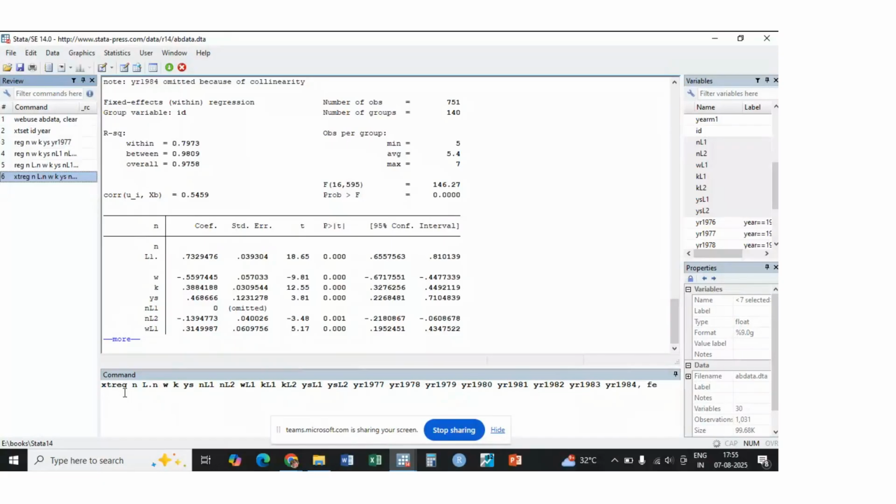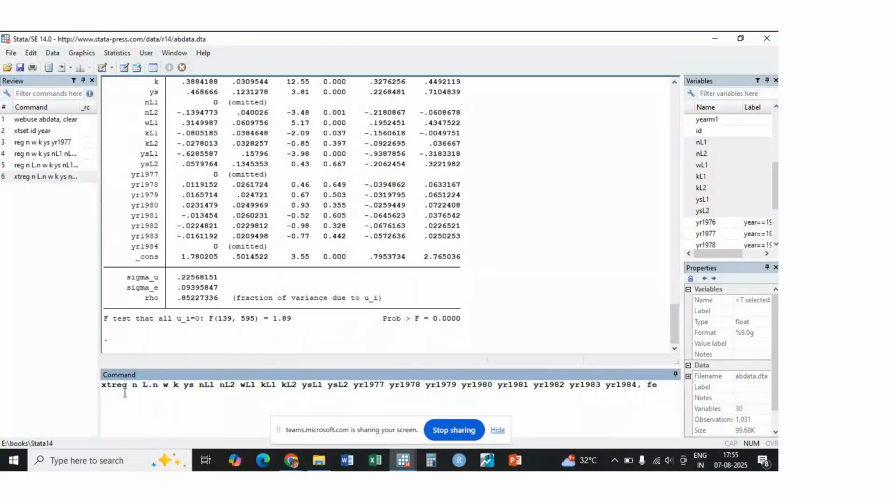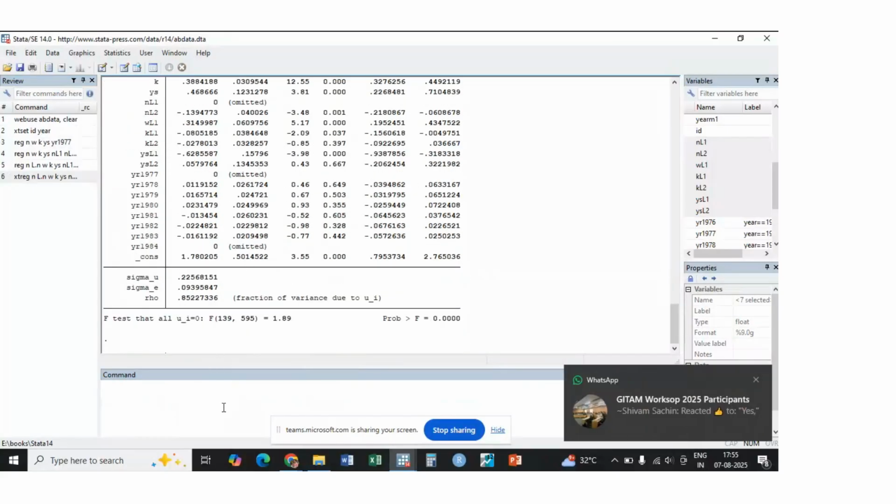So then what do you do? The next thing we can do is try an Anderson-Hsiao estimator. For that, what we need to do is the next step.